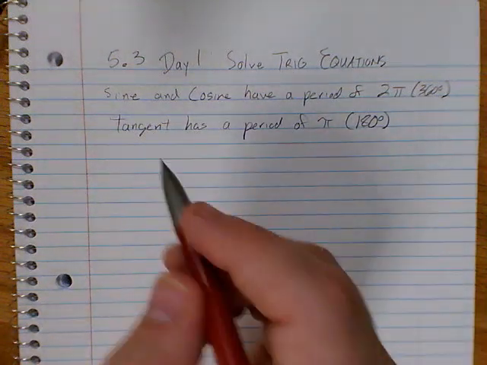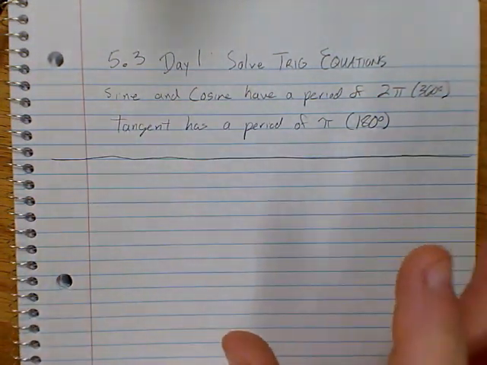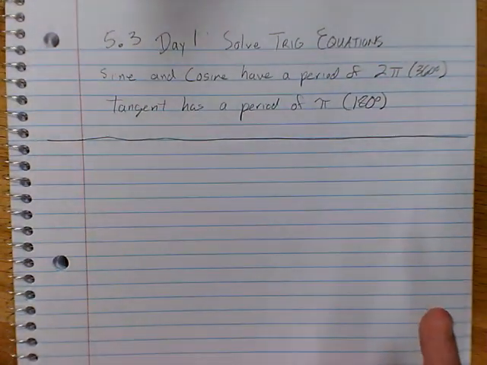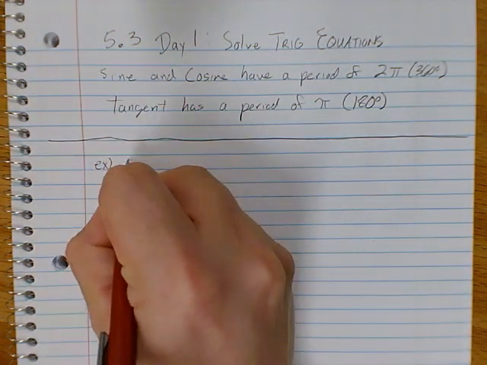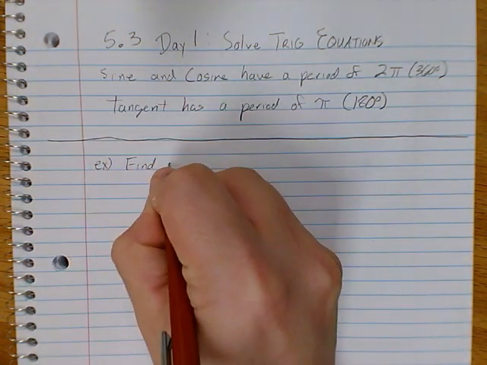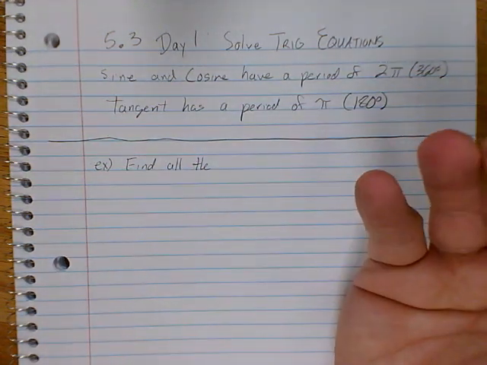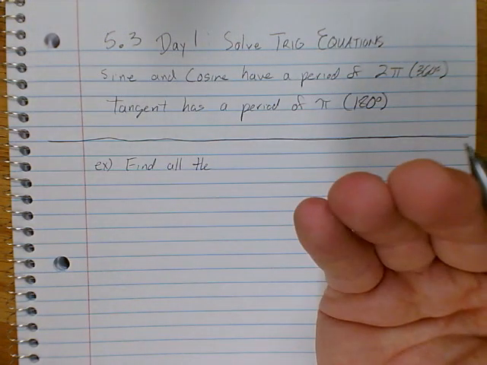So we're going to start off with doing a couple of questions. Now, this is different than arc sine and arc cosine. This is where we're finding all the angles that give you the information you need. So for the first set of examples, we're going to find all the angles between 0 and 360 that have a sine or cosine of the following values.